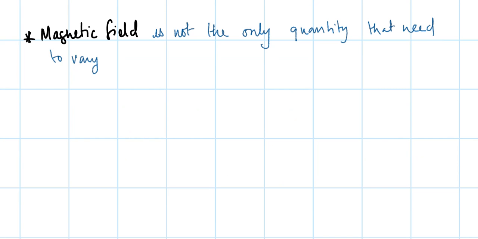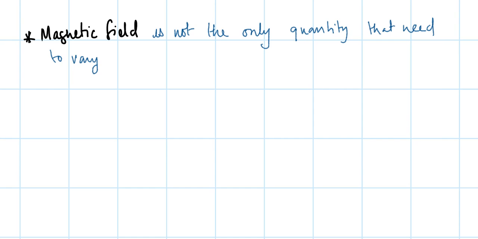As I said, for the EMF to be induced in a coil, not only must the magnetic field associated with the coil change, but the orientation and the area within the loop of the coil contribute towards the induced EMF.